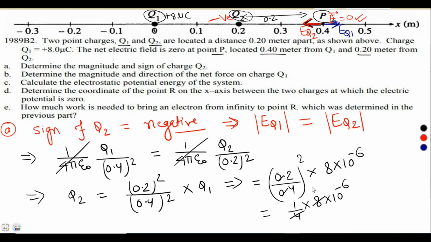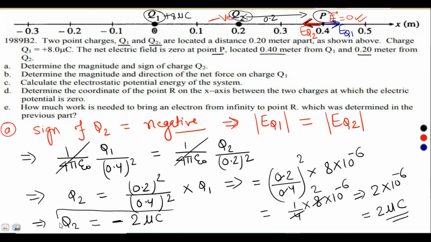This will be 2 into 10 raised to power minus 6, or we can say 2 microcoulomb. So the value of Q2 should be equal to minus 2 microcoulomb, right? We get the answer of the first part.